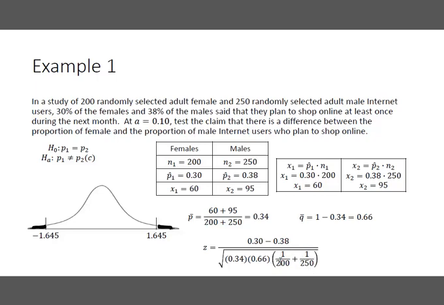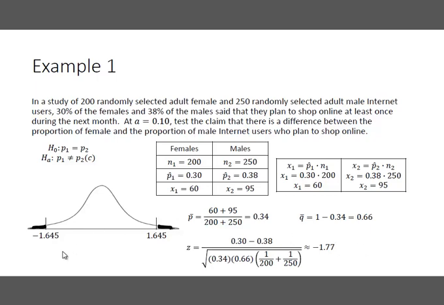If you're going to type those into a calculator, put a parenthesis around just that one, and then a parenthesis around that one, get the answer of that whole denominator, and then go back and do 0.3 minus 0.38 divided by that denominator answer. That will probably be the safest way to make sure you do order of operations correctly. So what I got in this problem was negative 1.77, or roughly around there.